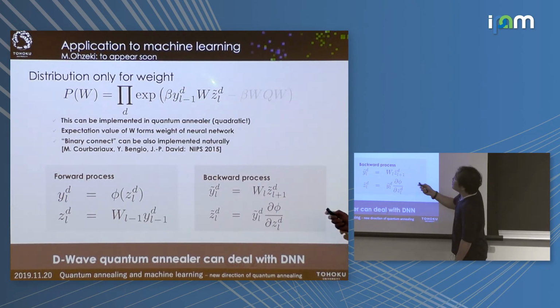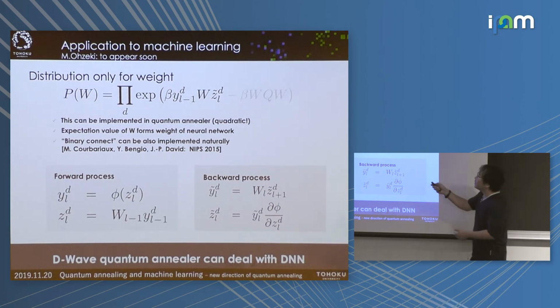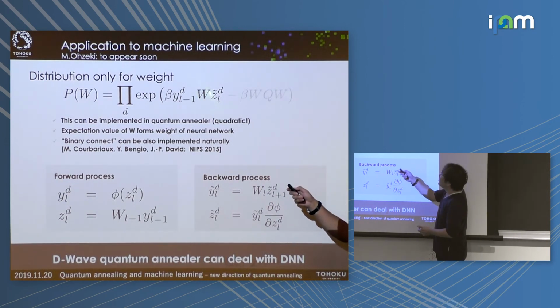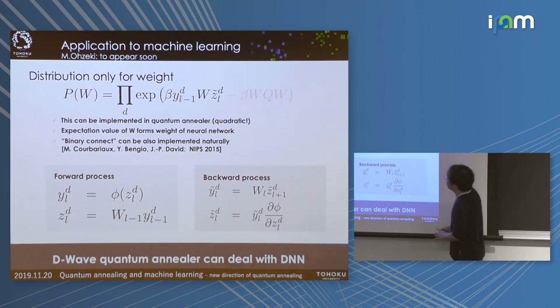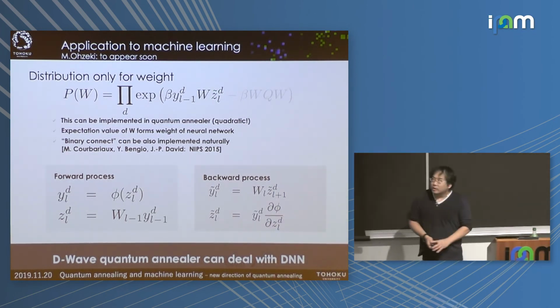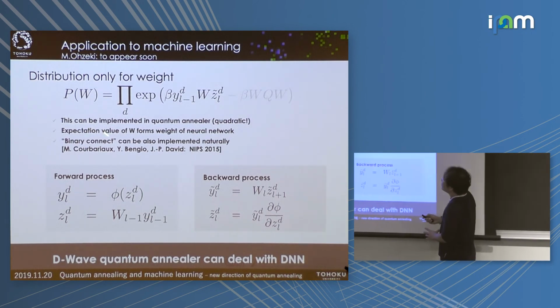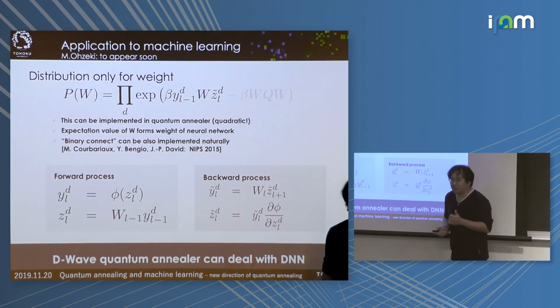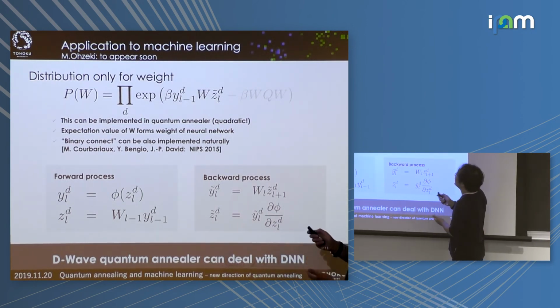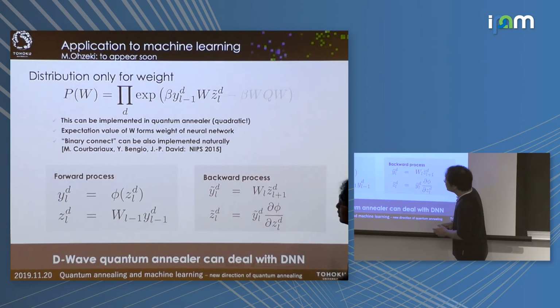So anyway, W is now interpreted by the programs with the local magnetic field. Therefore, this can be implemented in the quantum annealer, because this form has single-body interactions, not even quadratic, no quadratic optimization problem.